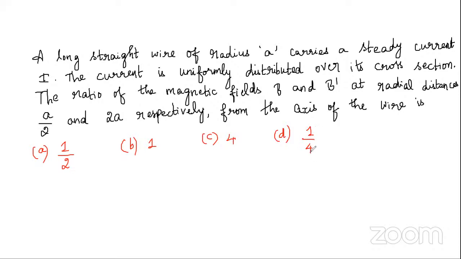So they have given a long straight wire of radius A carries a steady current I. The current is uniformly distributed over its cross section. The ratio of the magnetic fields B and B prime at radial distances A by 2 and 2A respectively from the axis of the wire.